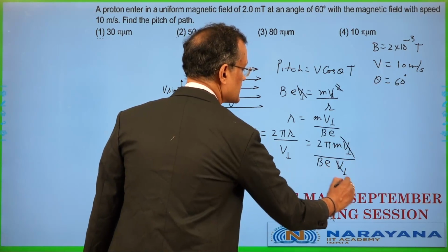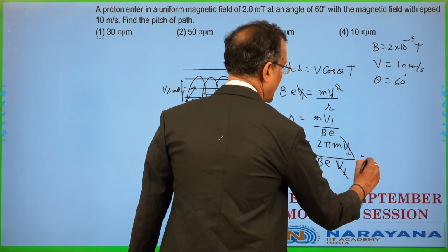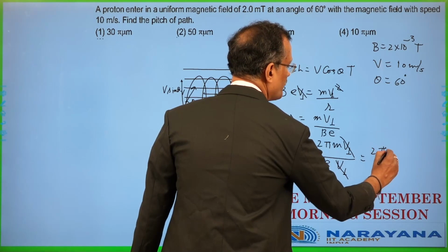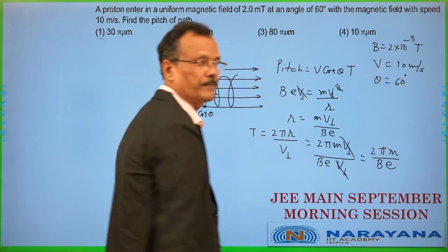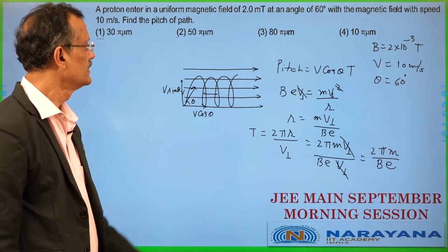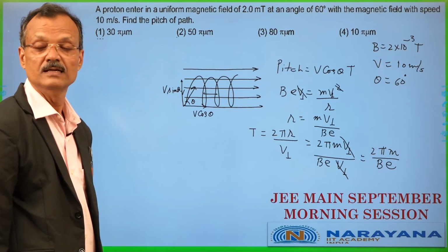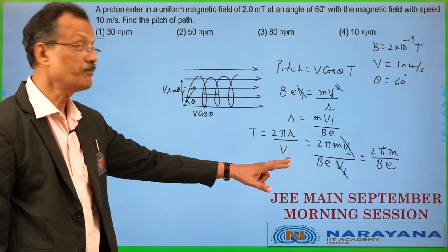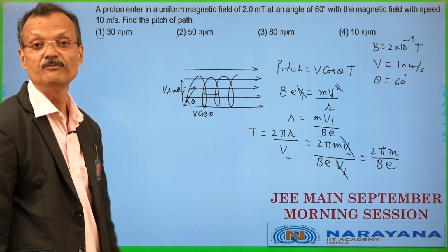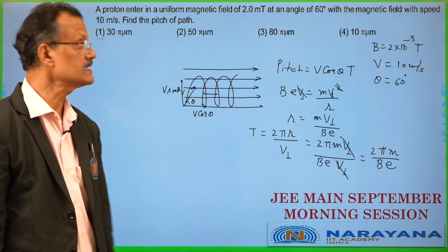These two cancel, so the time period is 2 pi m by BE. Clear to you? Understanding this now? You can check here, it does not depend upon your velocity. Nowhere is V there. V perpendicular is cancelled.